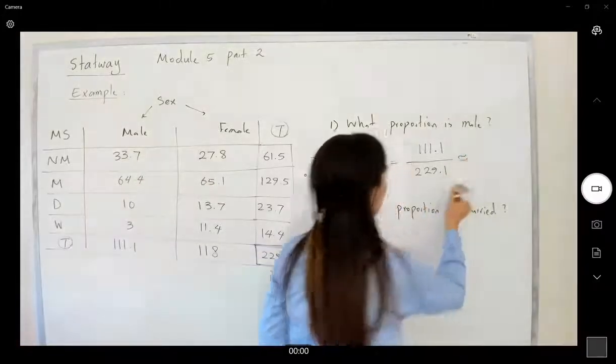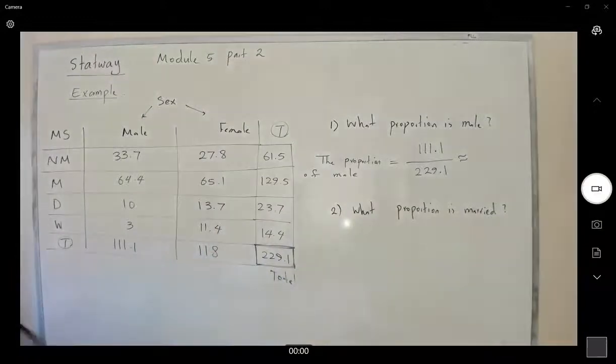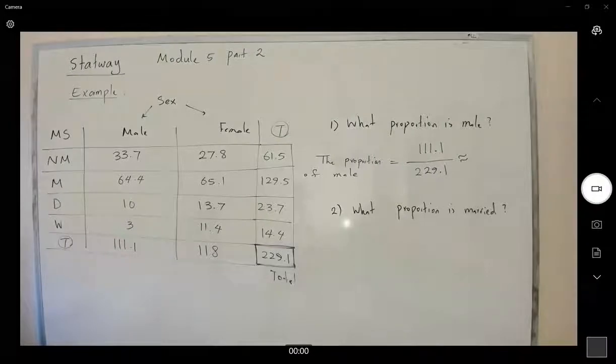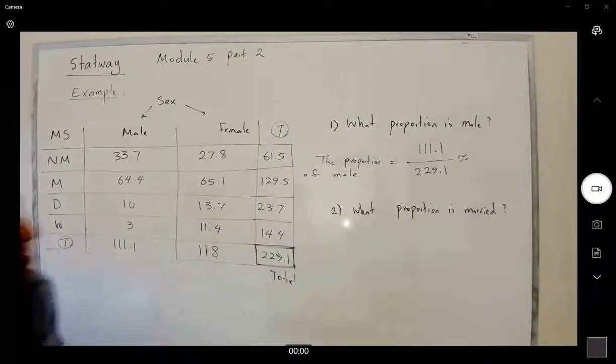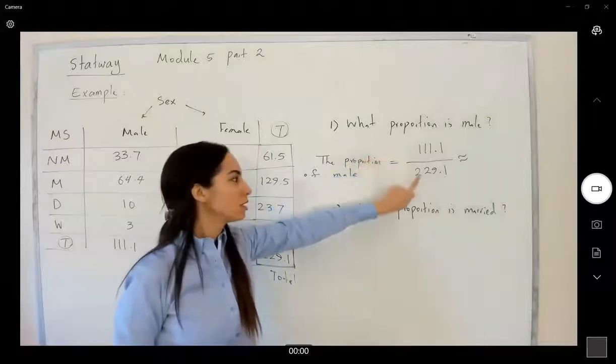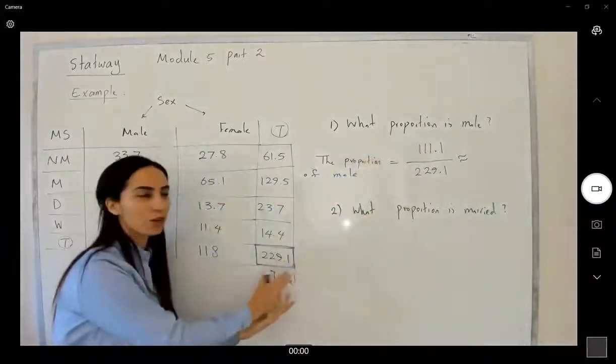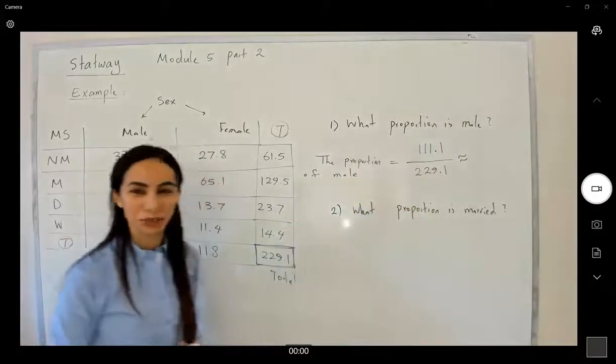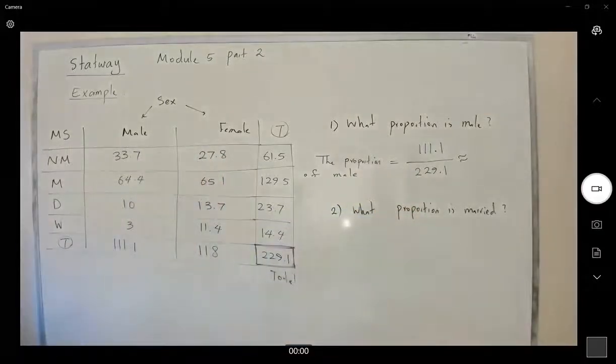Let us do the calculation to get an approximation. What percentage do you have? So we have to flip them. Very good. The smaller number goes on the numerator. The larger number, which is the total, goes on the denominator. Let's do the calculation.